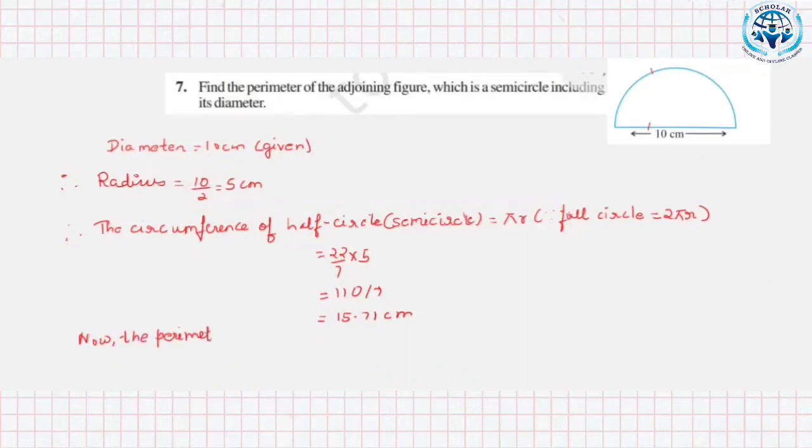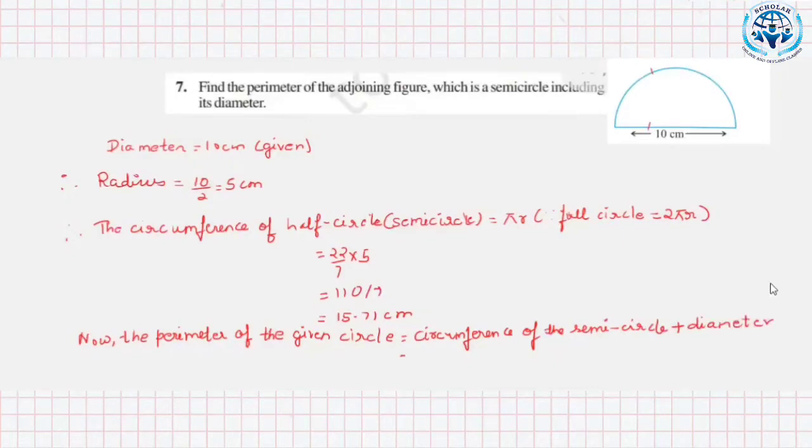Now, the perimeter of the figure is the circumference of the semicircle plus the diameter. 15.71 plus 10 is equal to 25.71 centimeter.